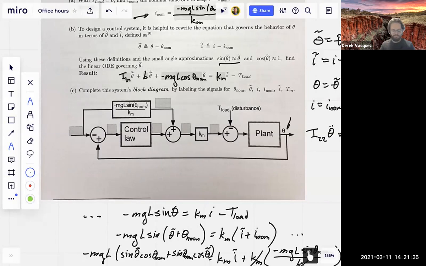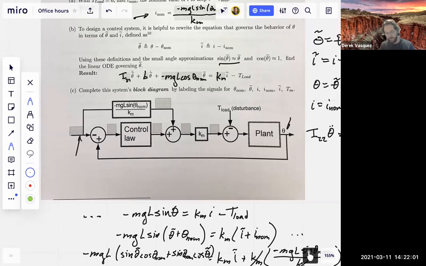So each one of these arrows represents a number coming out of the summing junction or out of one of these transfer functions, or really the boxes are more generally just functions. So you give a signal into a box and a different signal comes out, and that's just a function.